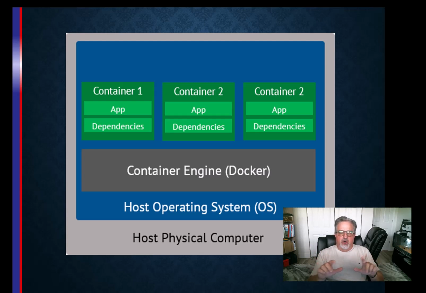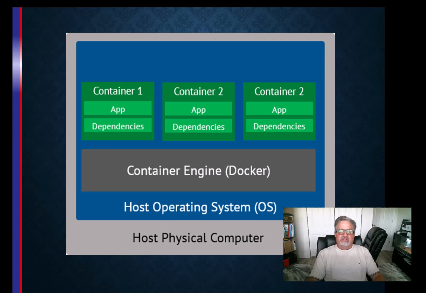If you look at the host physical computer piece, the gray around it is representative of the cloud service provider's physical computer. That physical computer is running a host operating system, not a guest, a host operating system. That is the operating system installed on that host physical computer, whether it's VMware or Hyper-V.